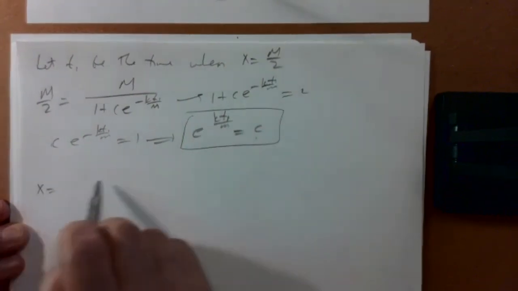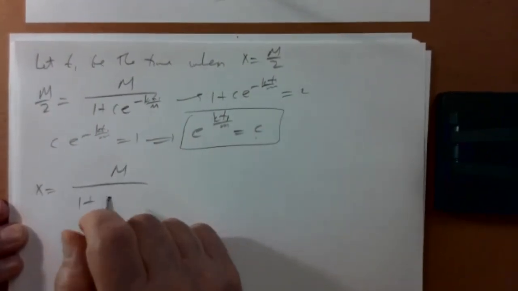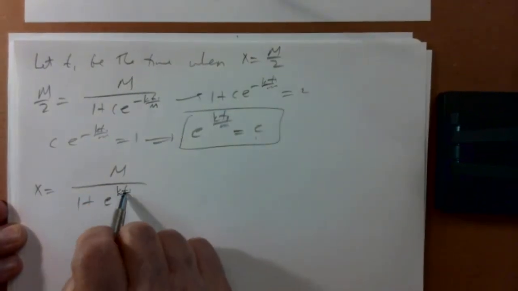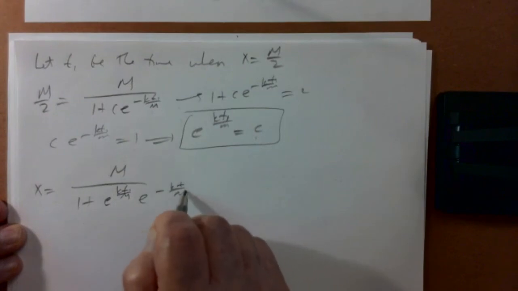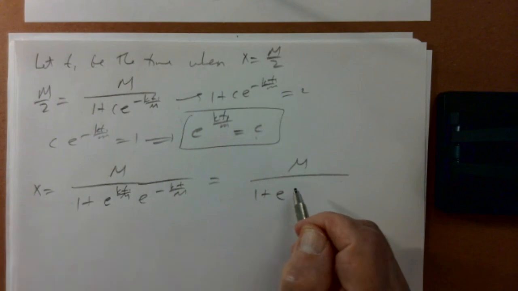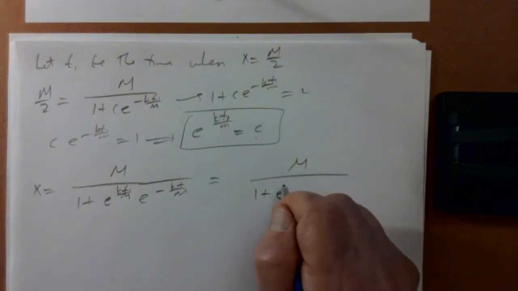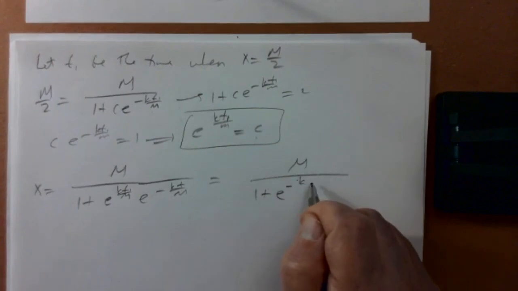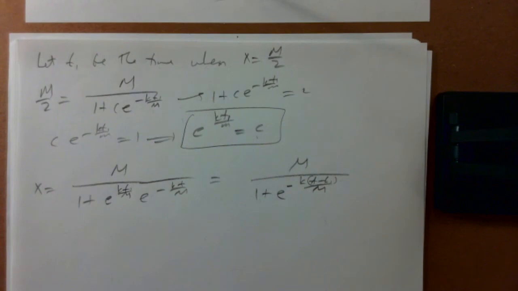So x is equal to m over 1 plus e to the k t1 over m, e to the minus kt over m, which is m over 1 plus e to the minus k times t minus t1 over m.